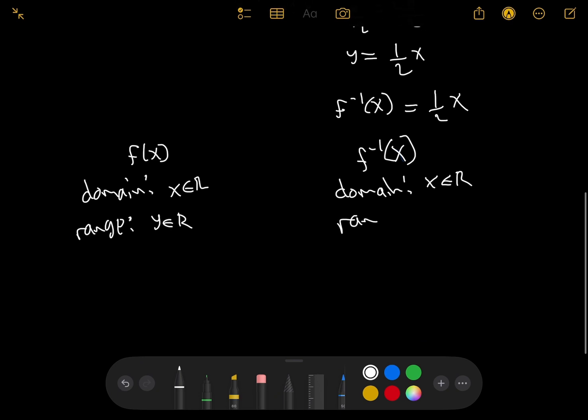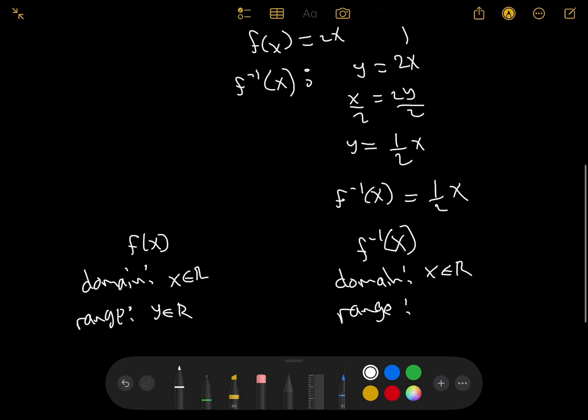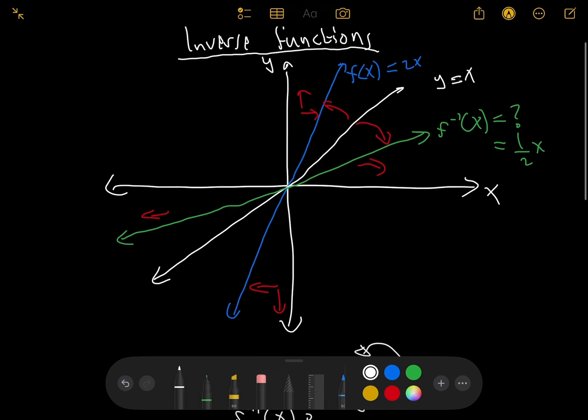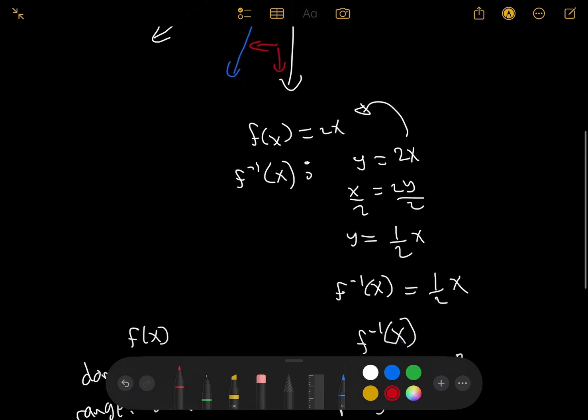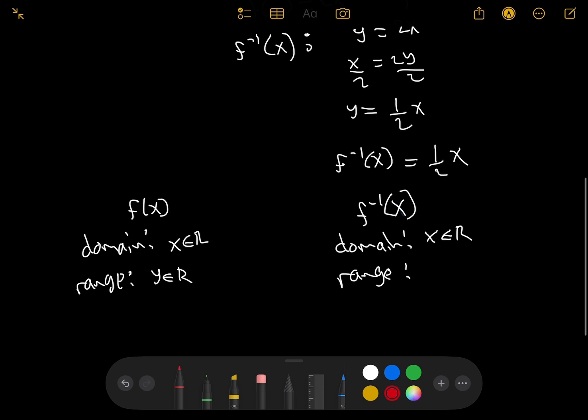But how about the range for the inverse graph? The range for the inverse graph is the same, in that it goes all the way down, and it also goes all the way up. So the range is y is an element of the real numbers.